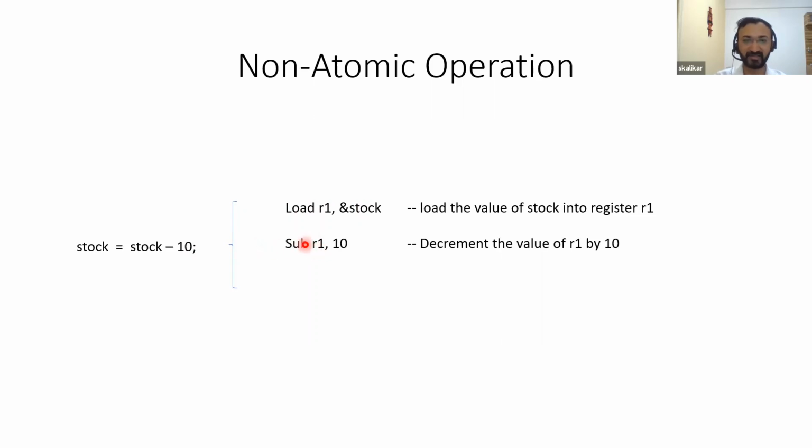Now at this instruction, there is no connection between your stock, whatever is in memory, and R1, which is independent, just carrying the value of the stock at that time. And the third operation is storing R1 into the stock, so eventually you are writing it back into stock. So load, operate, and store are the three steps performed as part of this single small step.